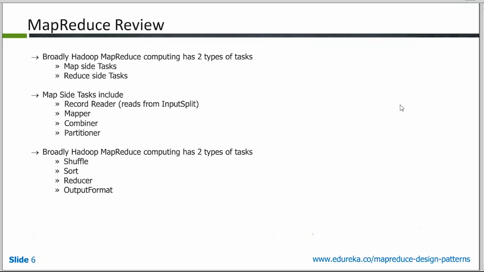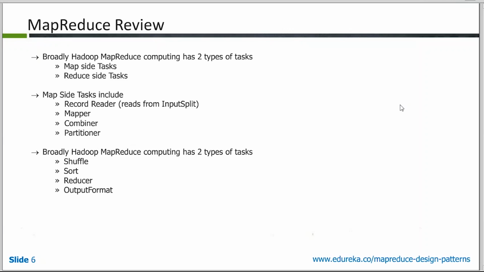For patterns or problems where a lot of data is transferred across the network from the mapper side to the reducer side, you should definitely have a look at using the combiner, if the problem is such that you can use it. You can get benefits out of combiners, but there will be cases where a combiner might not be useful, and we'll see in which cases it's useful and in which it's not.